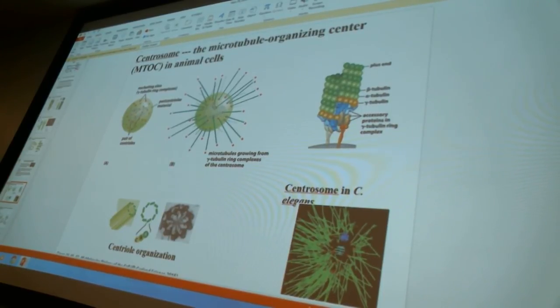Why minus ends? Because there's a specific structure that is formed during microtubule formation, and this is where gamma tubulin comes into play. The original initiation point for the growth of microtubules will involve gamma tubulin, and then we'll have alpha and beta coming, and basically normal polymerization of tubulin into microtubules will occur.